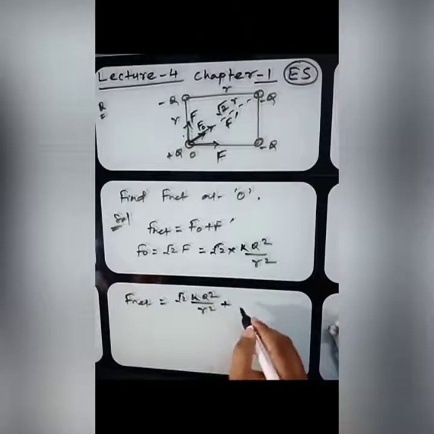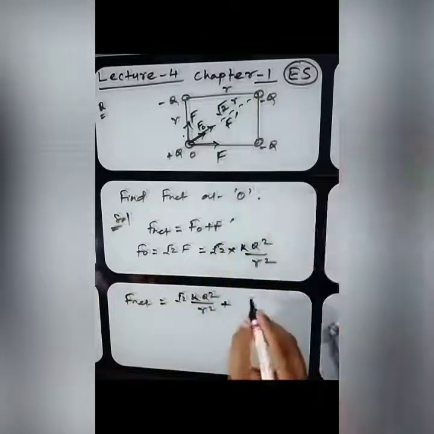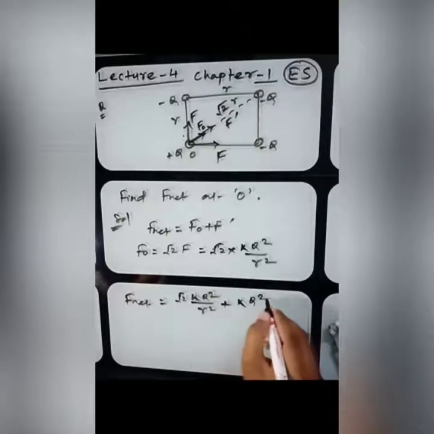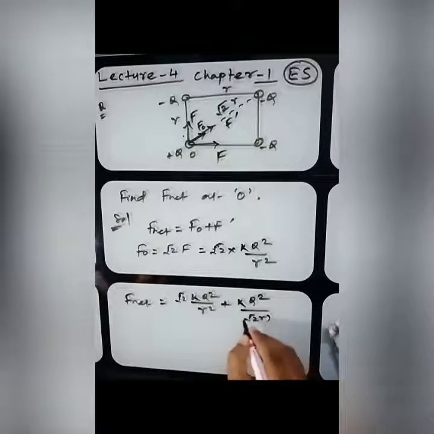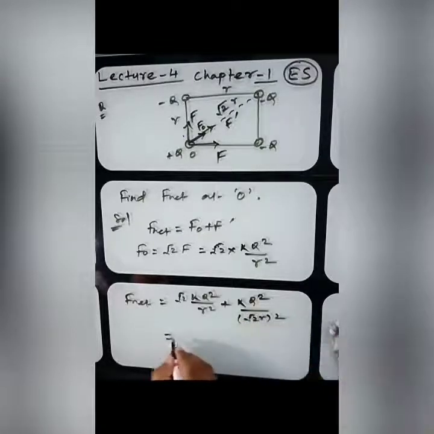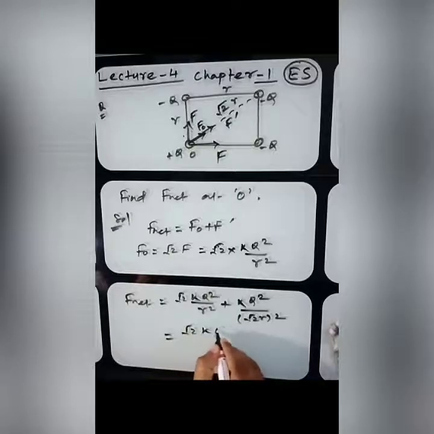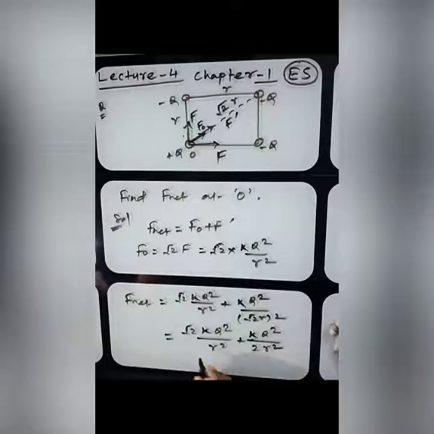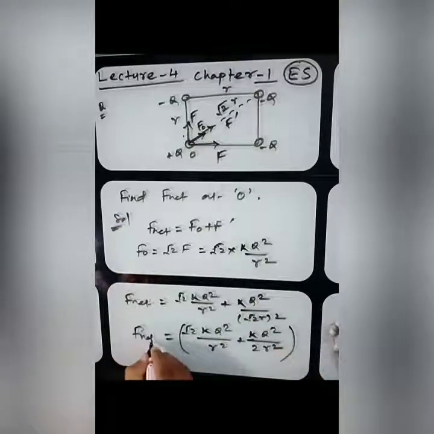It is F dash, it is k q1 q2, that is q square, by root 2 r whole square. It is root 2 k q square by r square plus k q square by 2 r square. Hope you are getting it. Now you can solve this equation to find the net force.